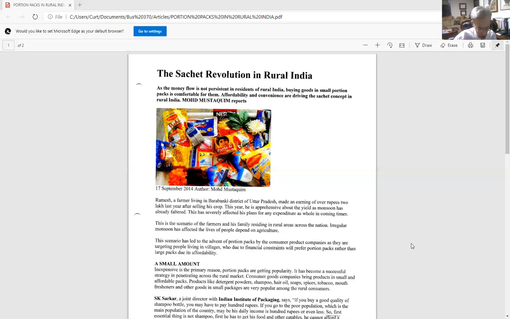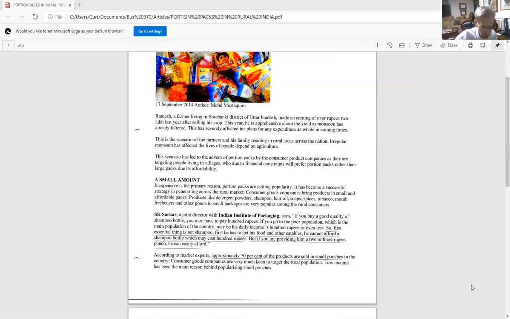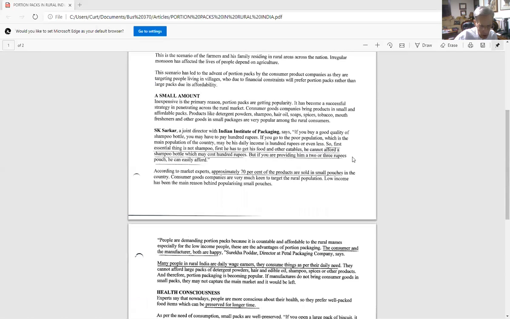And as you read this article, which I promise you I will put on your website if it's not there now, you will see that the Indian Institute of Packaging is promoting this idea of packets of small goods that normally in other more developed nations are purchased in larger quantities in larger containers.